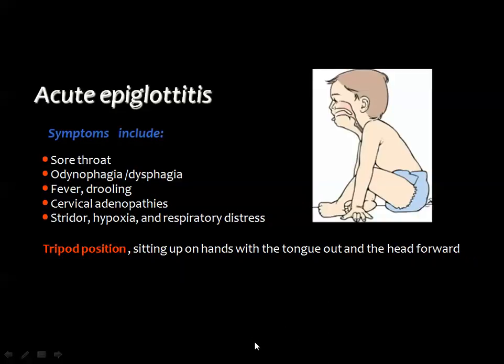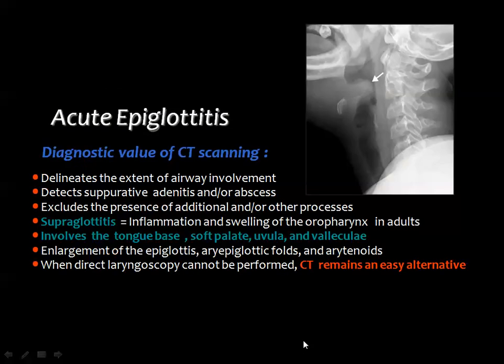The symptoms will include sore throat and dysphagia, fever, drooling, cervical lymphadenopathies, stridor, and respiratory distress. And this is a frequent position known as the tripod position in children, reflecting the respiratory distress of the patient, sitting up on the hands with the tongue out and the head projecting forward.